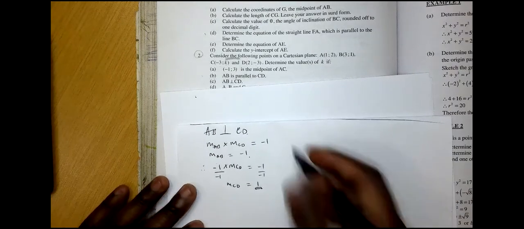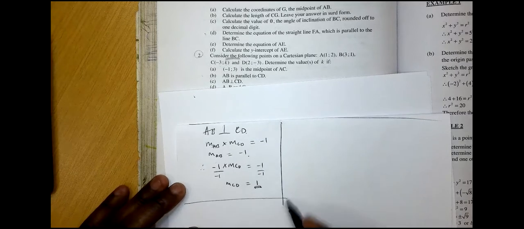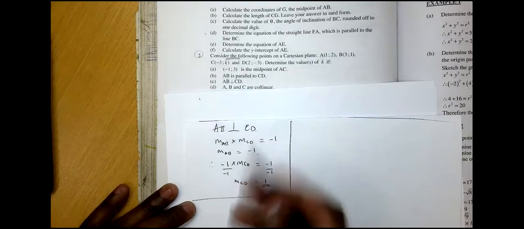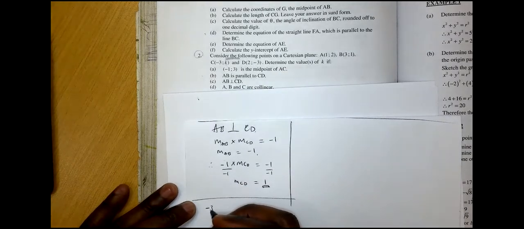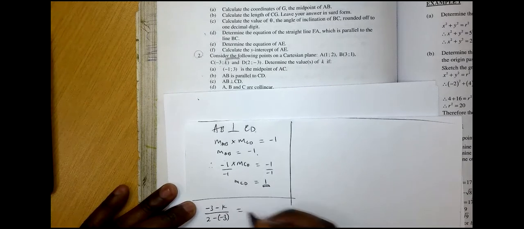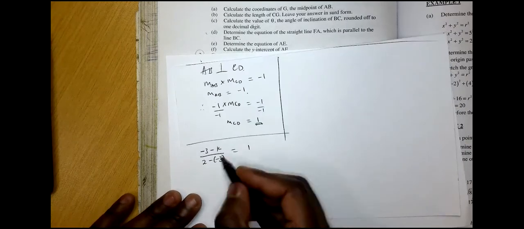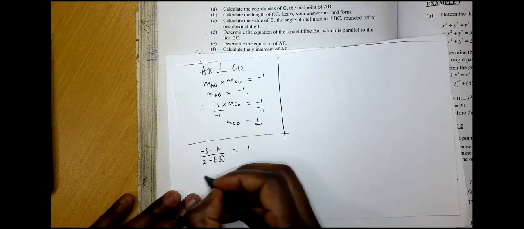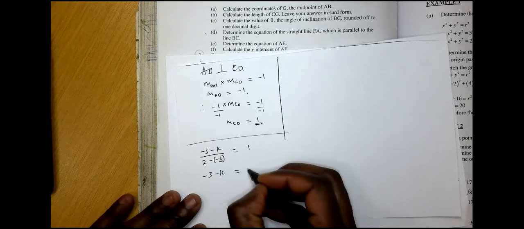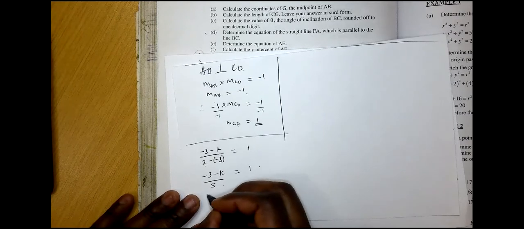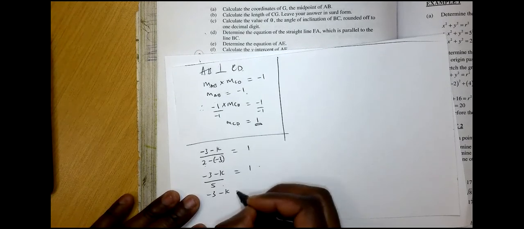Then we come again to the formula for the gradient to find CD. We're going to say again negative 3 minus K over 2 minus 3 must give us, this time, 1. So if we equate to 1, what must we get as K? Then we get 5 here, like what we did before, is equal to 1. Then we have put 5 here. 5 that side, it multiplies, get negative 3 minus K is equal to 5.